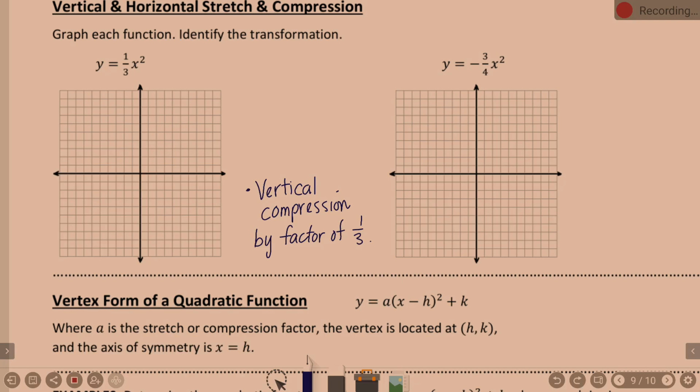Okay. What about my vertex? Just going to stay at 0, 0. I don't have anything telling me to move left or right. I don't have anything telling me to move up or down. Compression or stretch is going to keep me at 0, 0.